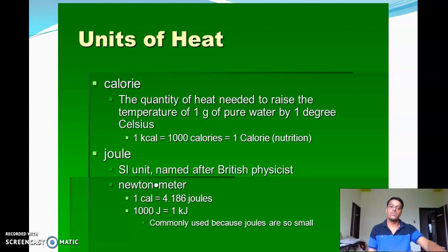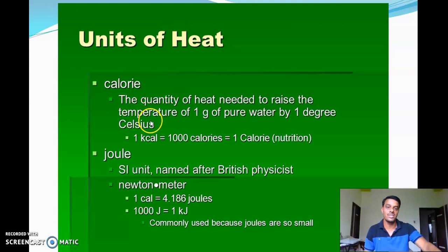Suppose you are provided with 1 gram or 1 ml of water, because 1 ml of water is equivalent to 1 gram of water, and you are asked to increase the temperature of that 1 ml of water by 1 degree centigrade. How will we increase the temperature? By providing the heat. The amount of heat required to increase the temperature of 1 gram of pure water by 1 degree centigrade is called 1 calorie.